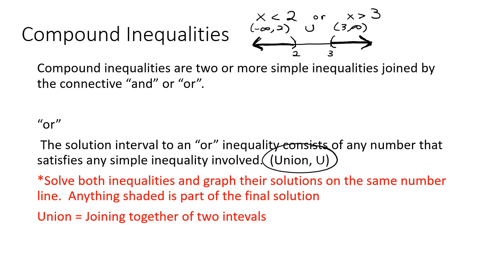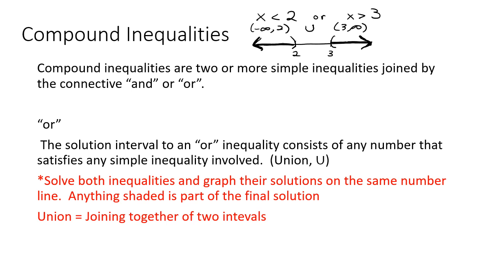And the symbol we use for that looks a little bit like a capital U, U for union. Whenever your final answer has a gap in it like this, we join the parts of the solution together with that union symbol.